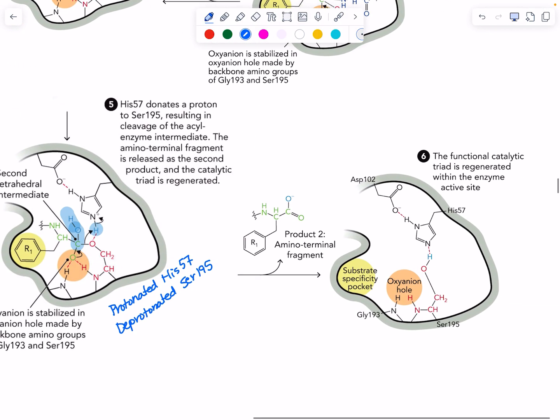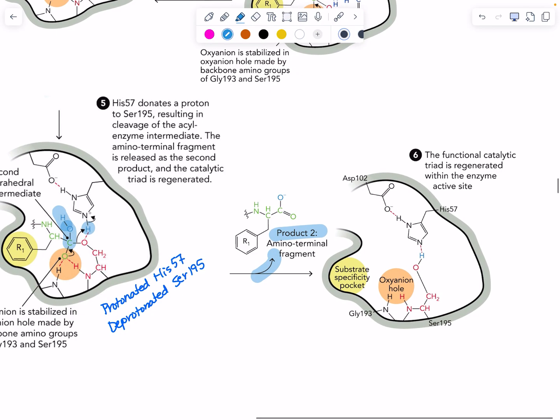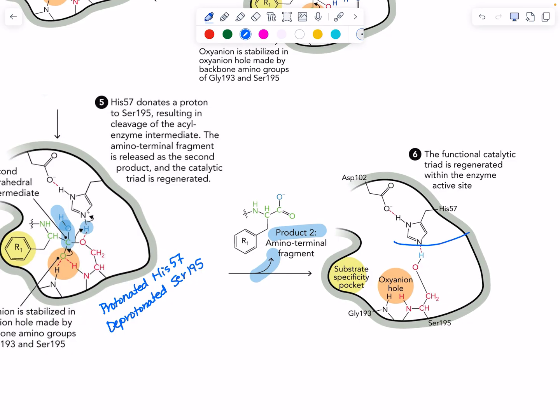So we get product 2 leaving, okay, so that leaves. And then we have the original state that we started with, where we have a deprotonated histidine 57, and serine 195 is protonated.